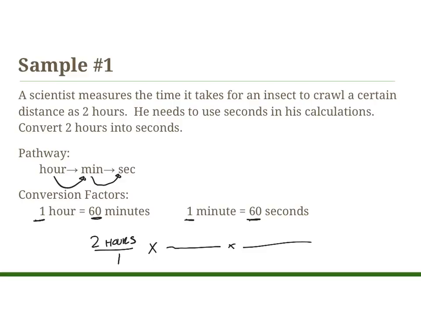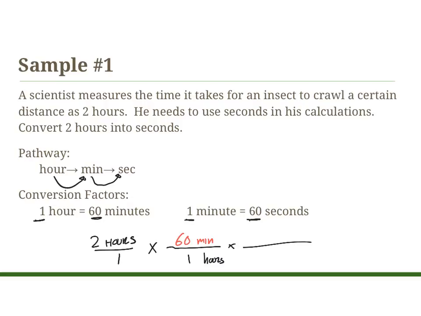So that the way that would end up looking is he would have a fraction here and a fraction here. The next thing the scientist does is set the conversion factor up so that hours will cancel out just like before, so he puts hours on the bottom and minutes on the top. He's using the relationship between hours and minutes, so 1 hour on the bottom and 60 minutes on the top.